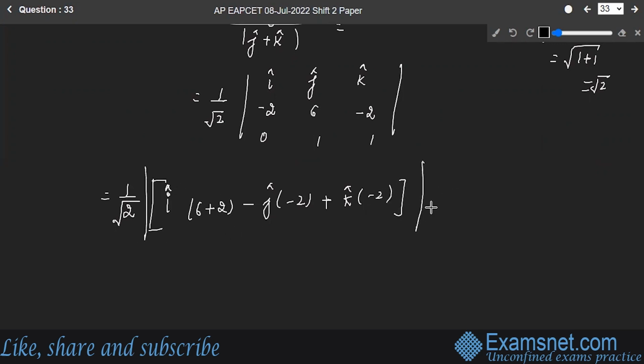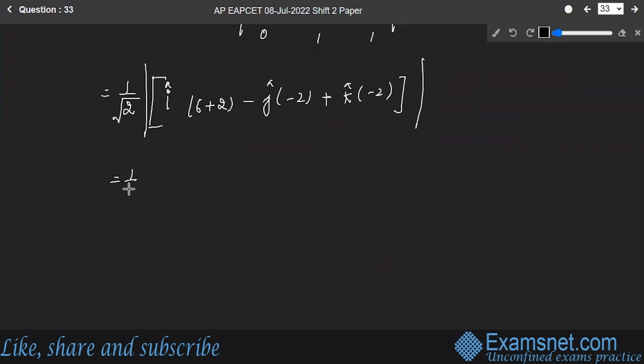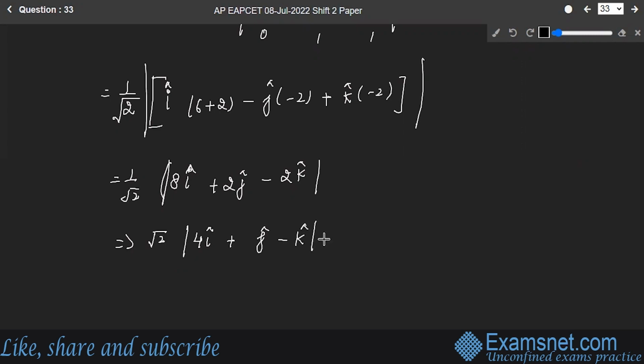The mod of it will be given by 1 by root 2 of 8i plus 2j minus 2k. Let's multiply the numerator and the denominator by root 2. So you will have root 2 multiplied by the modulus of 4i plus j minus k.